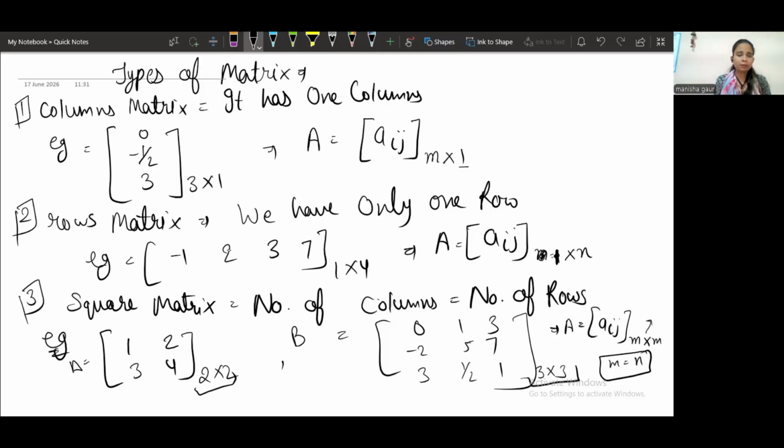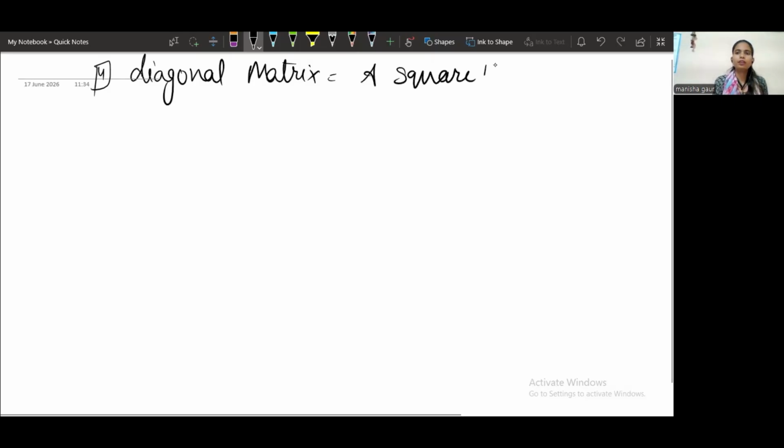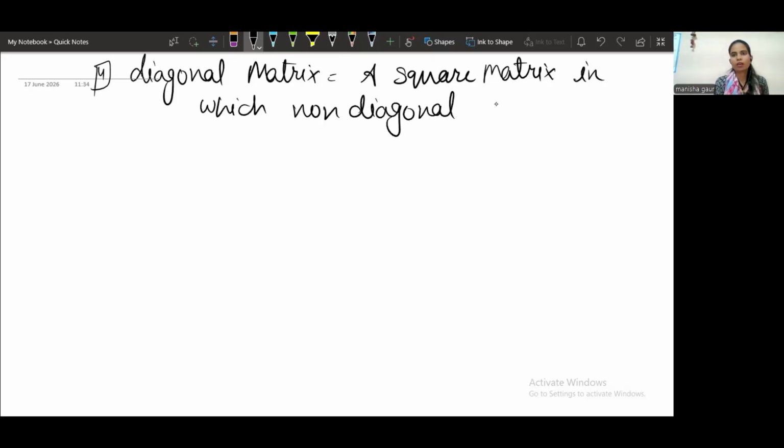Our next type is the diagonal matrix. In a diagonal matrix, we take a square matrix in which the non-diagonal elements are equal to 0. Let's take an example. A is equal to minus 1, 0, 0.